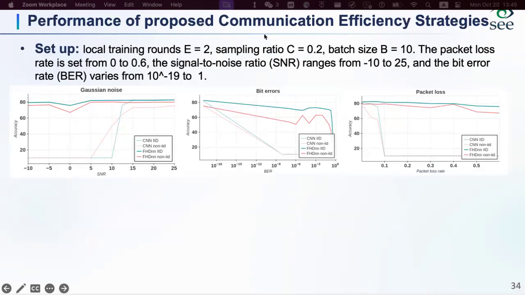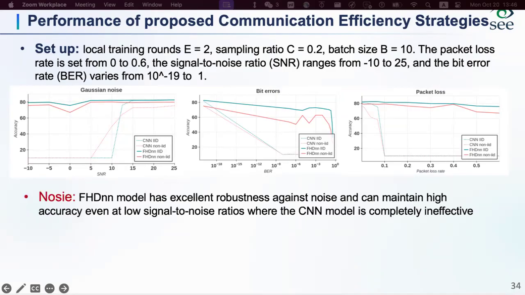For the communication efficiency strategy, we also ran some tests to evaluate it. For noise, the FHDN model has very good robustness and can maintain a high accuracy even at a low signal-to-noise ratio, while the CNN model is complicated and ineffective.